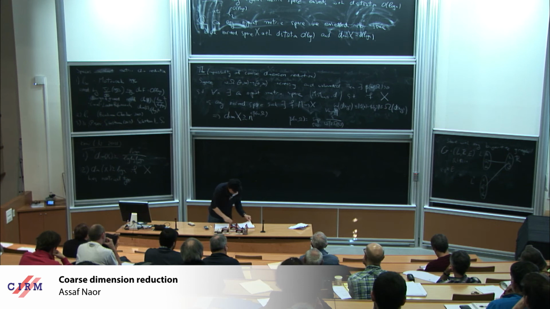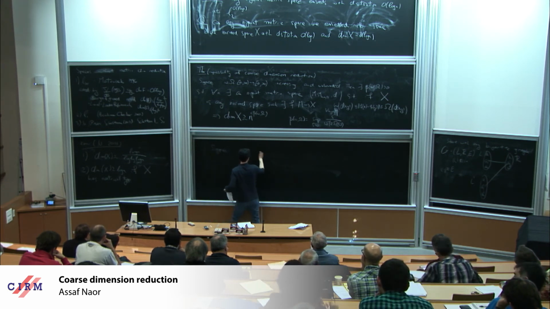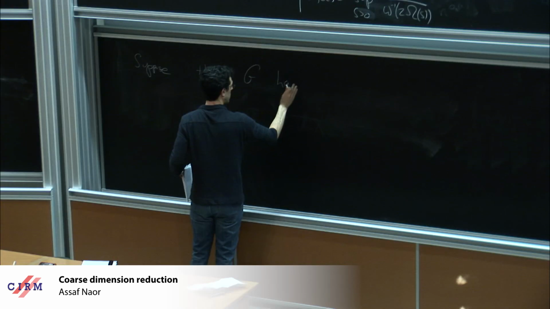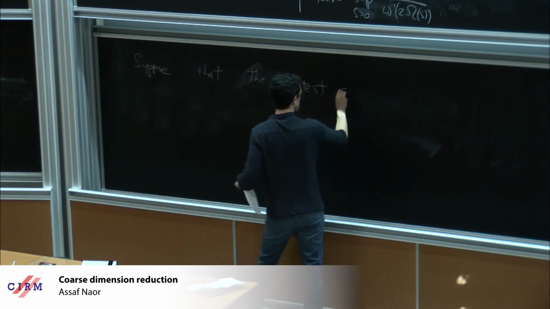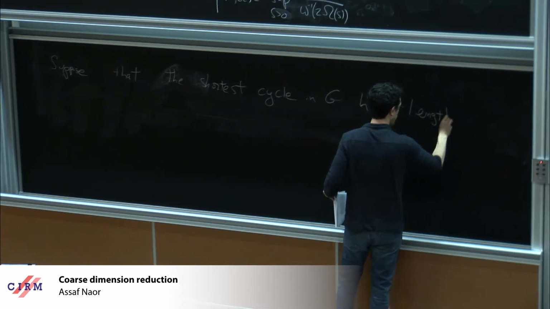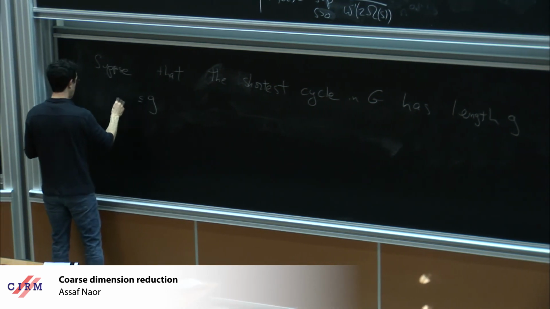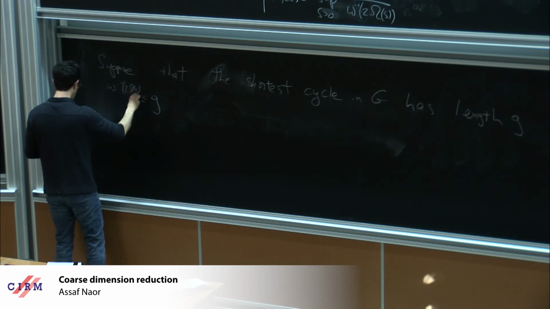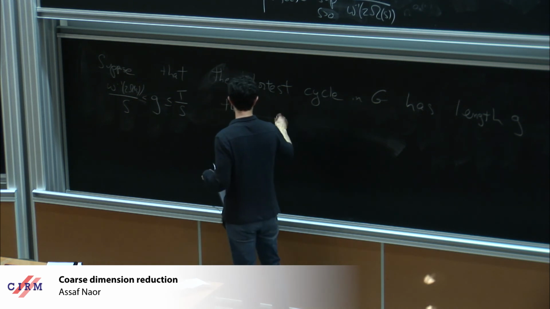So the precise statement is that, suppose the initial graph G had the shortest cycle in G of length strictly bigger than some bound, and G satisfies some conditions. Then you consider the metric space.